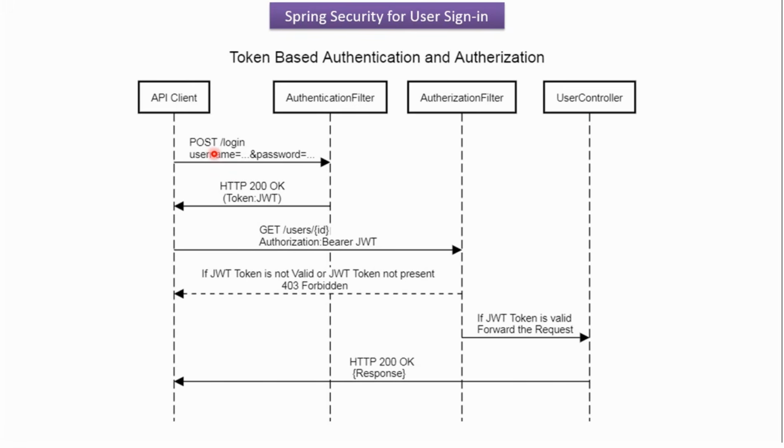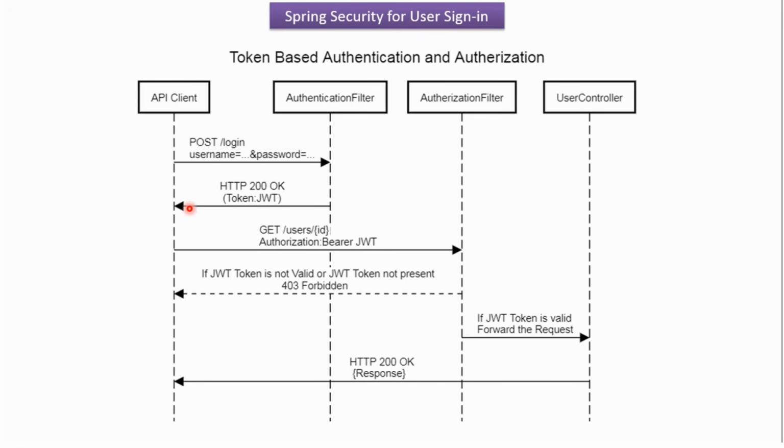API client sends request to this login endpoint with username and password, and it reached authentication filter, and authentication filter checks whether this username and password is matched against the database, and if it is valid, then authentication filter generates JWT token and sends back to the API client.